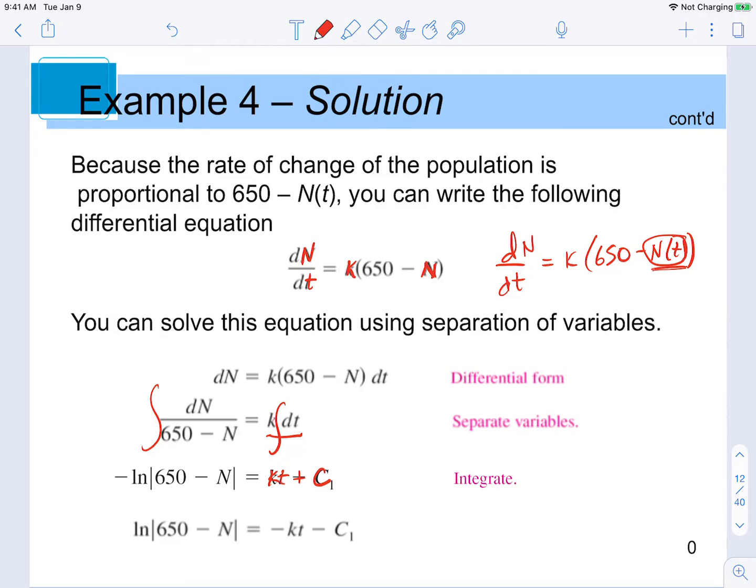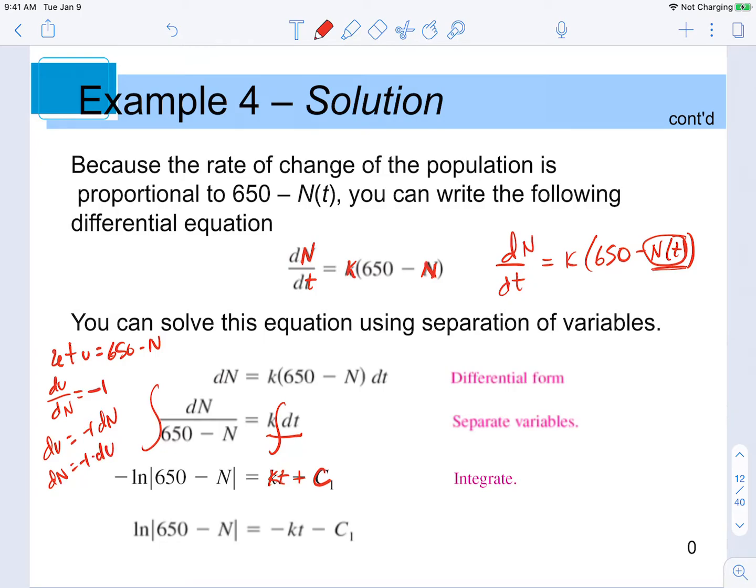On this side, this is a substitution problem where we let u equal 650 minus N, and that's going to give us 1 over u. But when we take the derivative, dN, sorry. When we take the derivative here, we get -1. So du equals -1 dN, and dN is equal to -1 du.